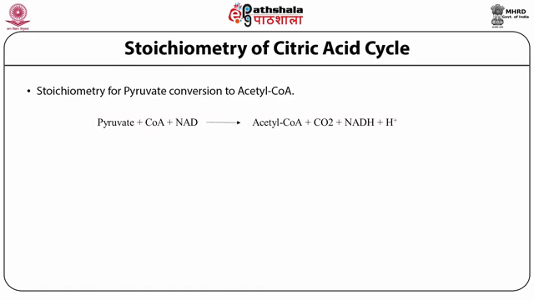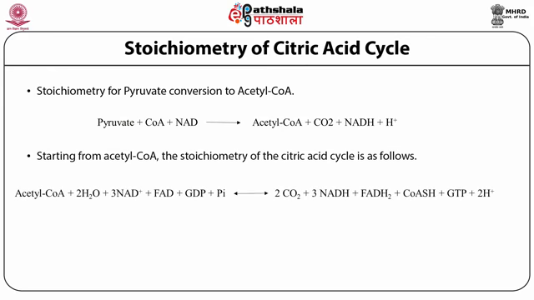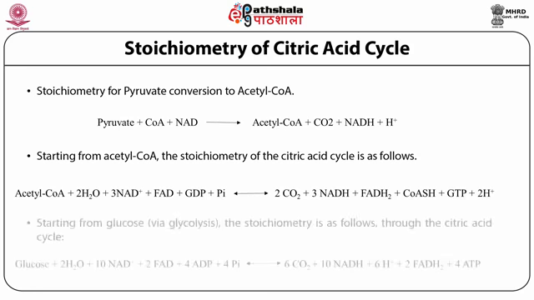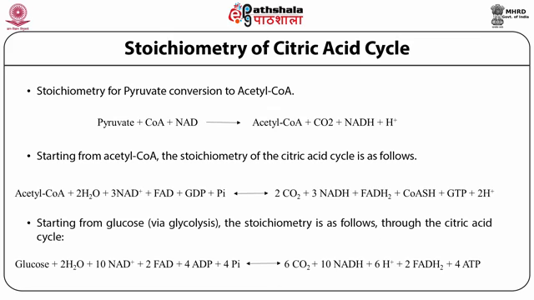Stoichiometry for pyruvate conversion to acetyl-CoA. Starting from acetyl coenzyme A, the stoichiometry of the citric acid cycle is shown as follows. Starting from glucose via glycolysis, the stoichiometry is as follows through the citric acid cycle.